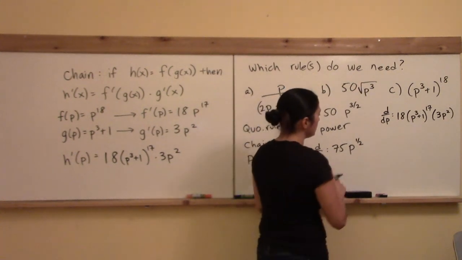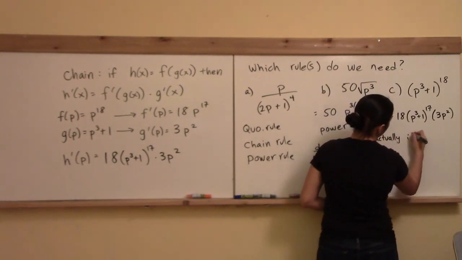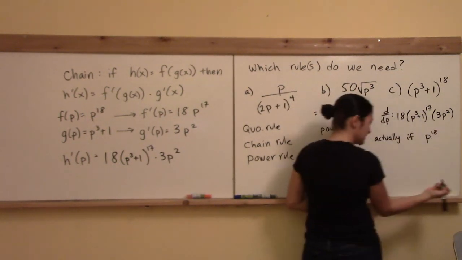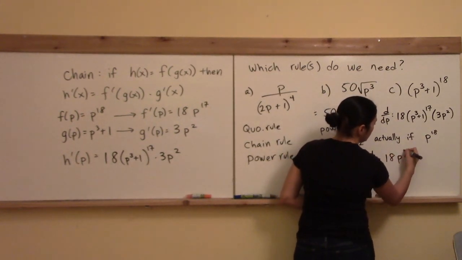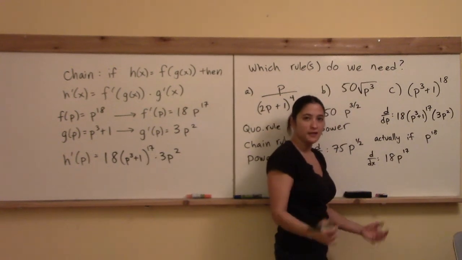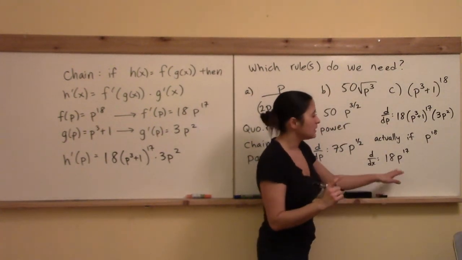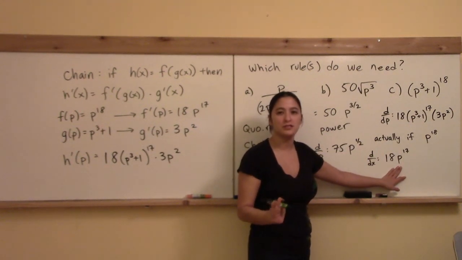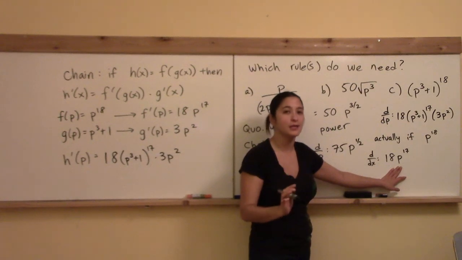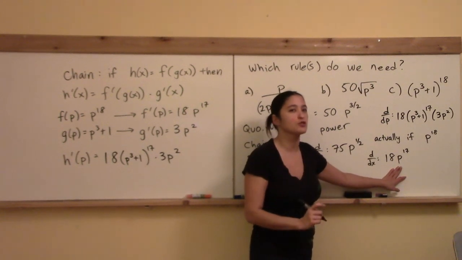Okay, so another thing people like to see is that if we had, let's just say, p to the 18, the d dx would be, bring the 18 down, p to the 17. And if you want to make sure you don't forget the chain rule, keep in mind that it's always in effect. Even on this, what's the derivative of just the letter p? What's the d dp of the function p? It's just the number 1, right? That's a linear function with a slope of 1.